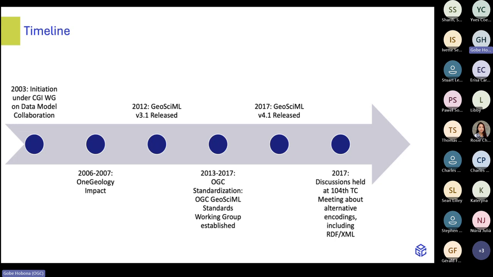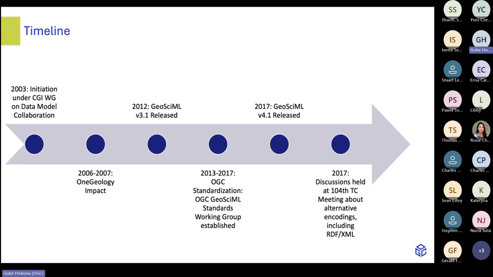That triggered thoughts around standardization within the OGC. So CGI brought OGC into that process around that time. So 2013 to 2017, leading to the release of version 4.1, which is the current version. And in September 2017, from what I recall, there were some discussions at the OGC member meeting, which was the technical committee meeting, as it was called back then, around alternative encodings for GeoSciML.